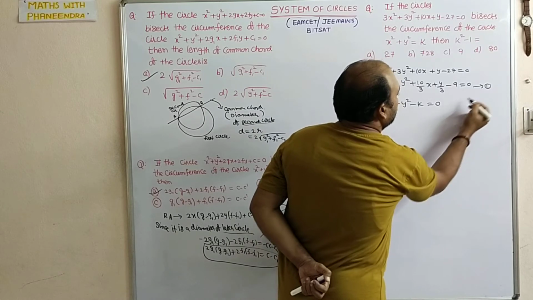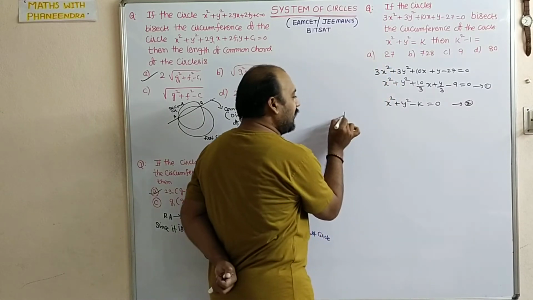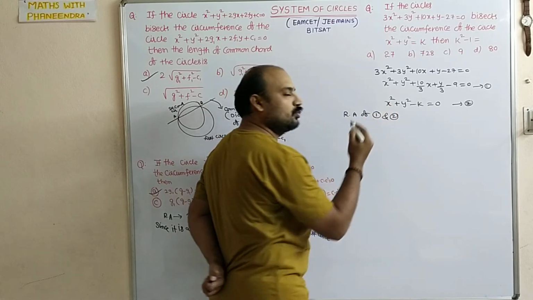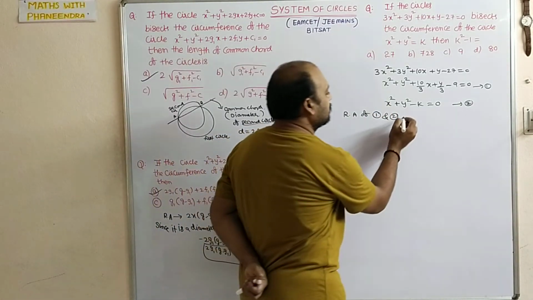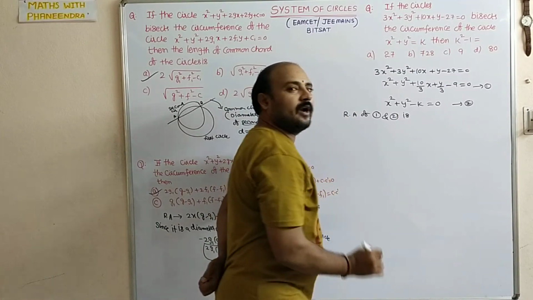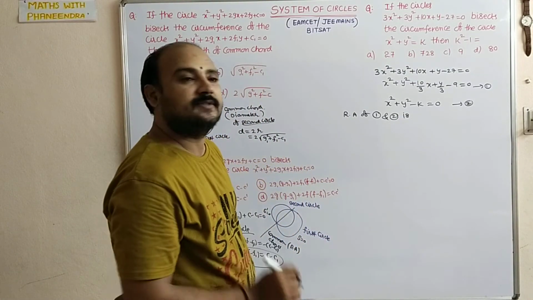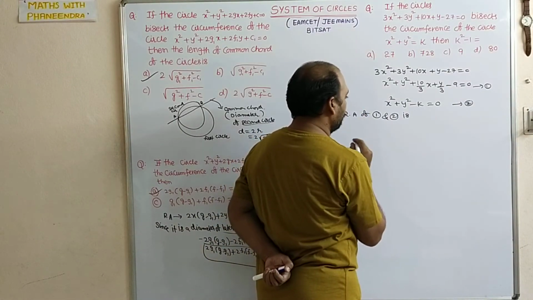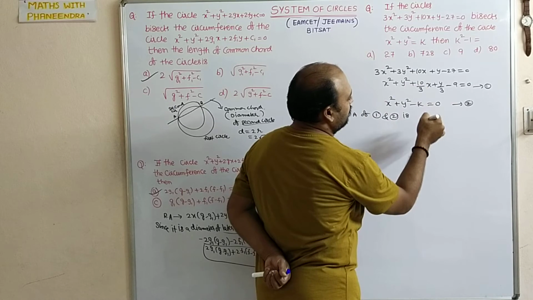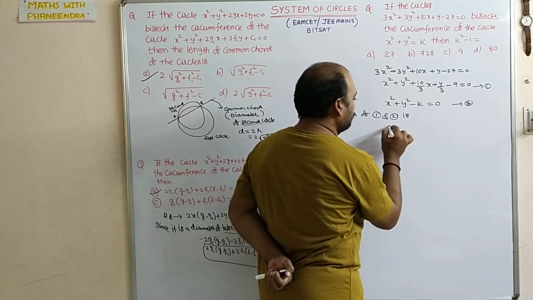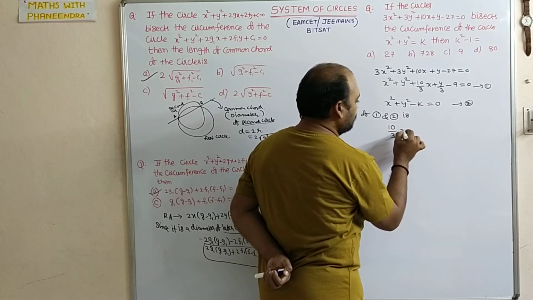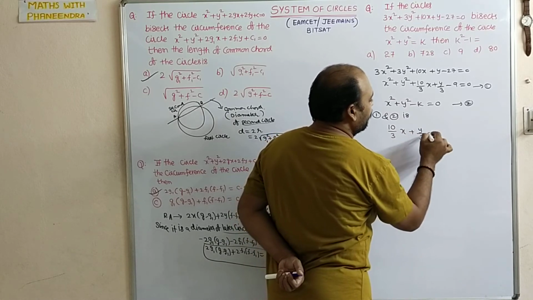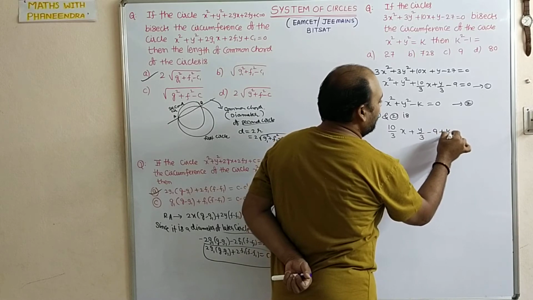So the radical axis of 1 and 2: one equation subtract from another equation, you will get 10 by 3 x plus y by 3 minus 9 plus k is equal to 0.